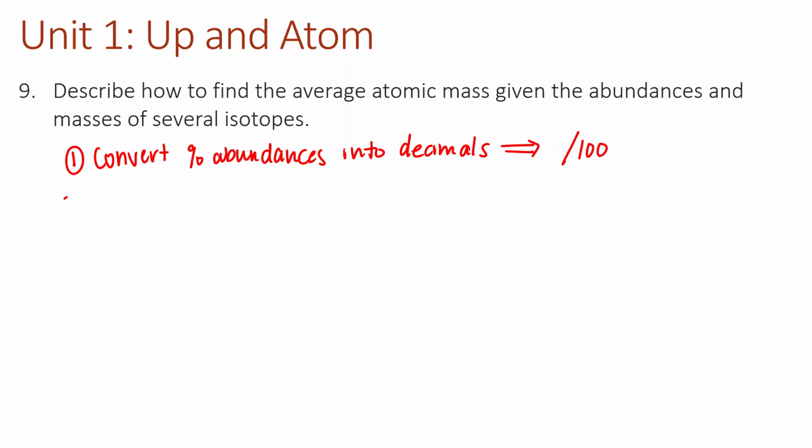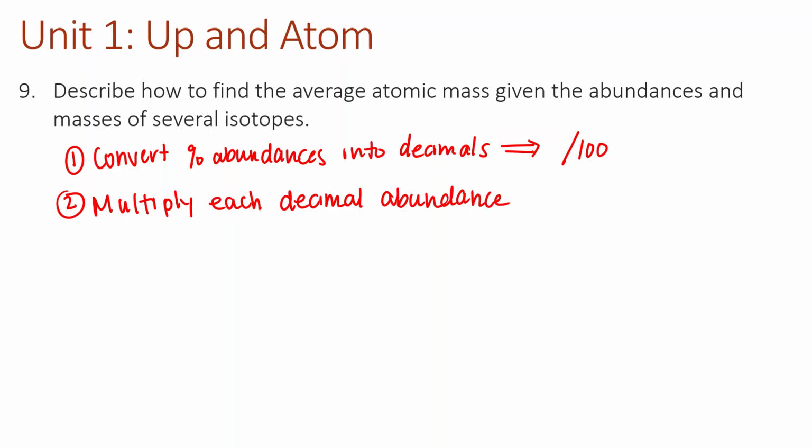Once I've done that, my second step is going to be to multiply each decimal abundance by the mass of the isotope.